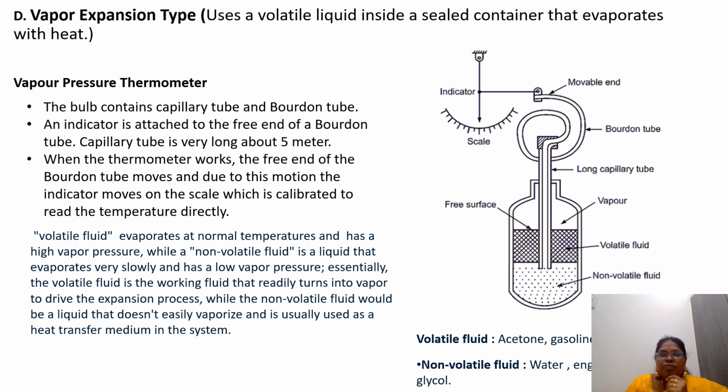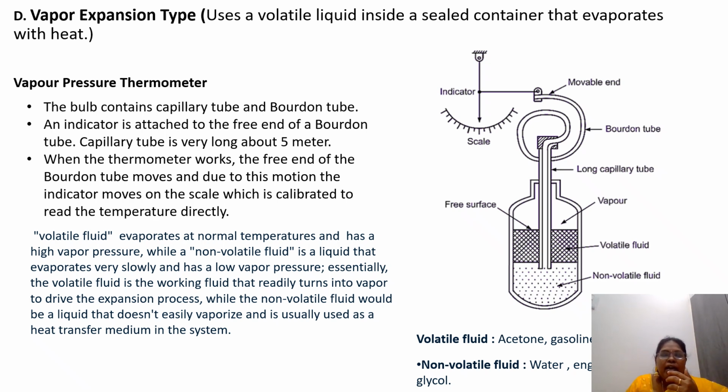Okay, so now when the temperature increases, what happens? The volatile liquid will immediately turn into vapor. The vapor will pass into this capillary tube, and as the vapor increases, this Bourdon tube will change its shape.